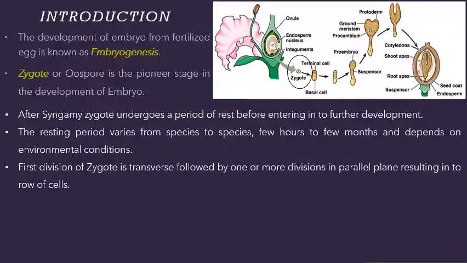The first division of the zygote is transverse, followed by one or more divisions in a parallel plane, resulting in a row of cells. You can observe this in the given image.